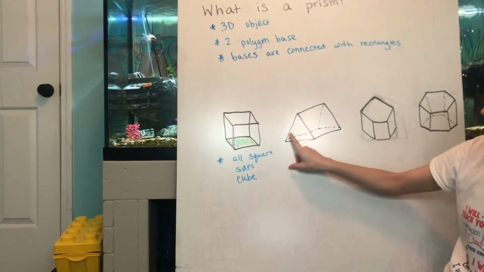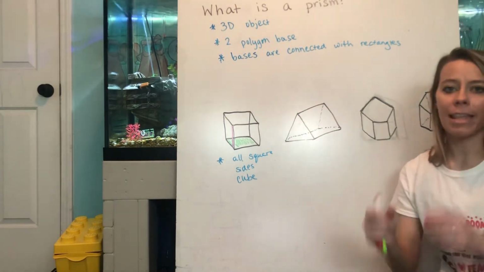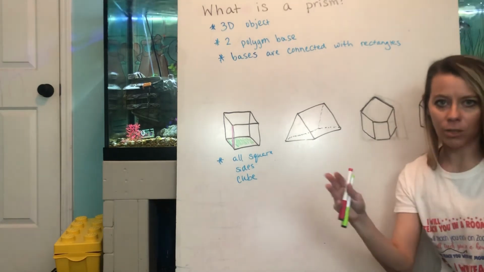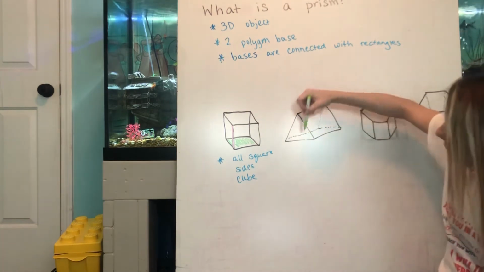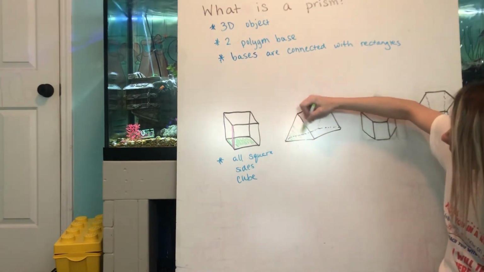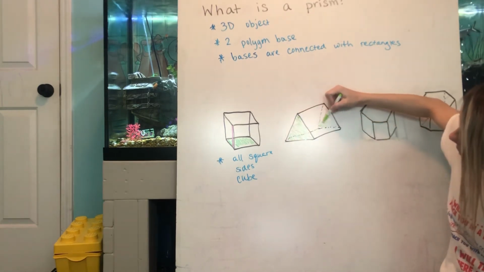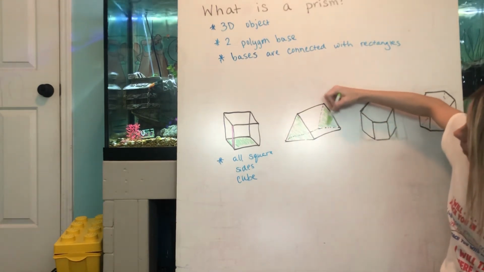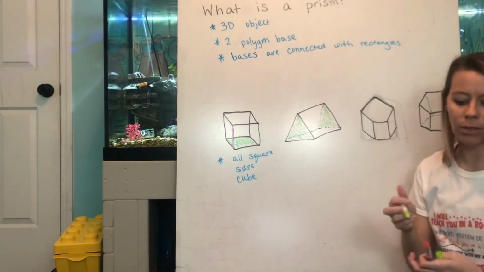This one, the base has to be a triangle because that's the polygon that's connected by the rectangles. So I'm going to color in my base green. And then the height is any of the sides that connect the two triangles.